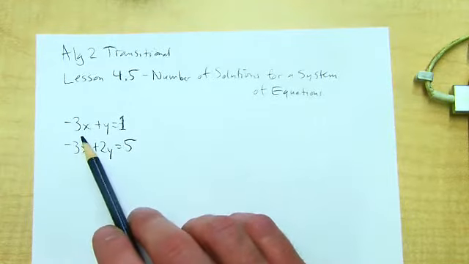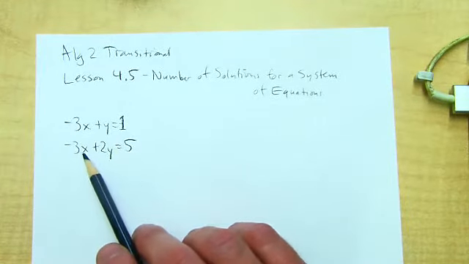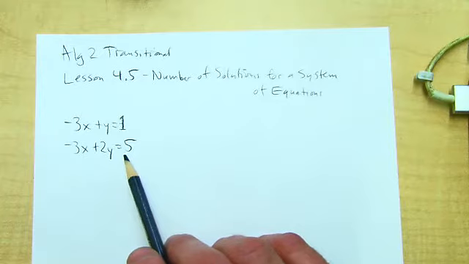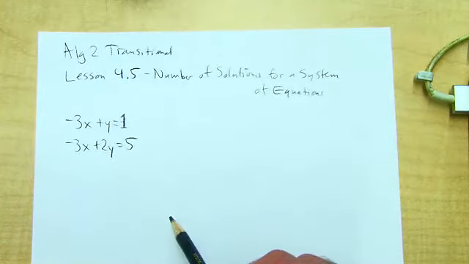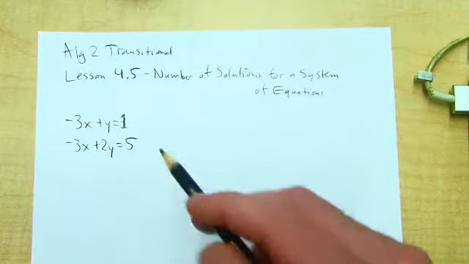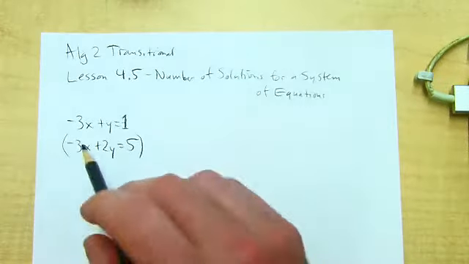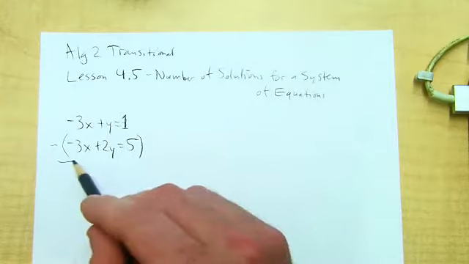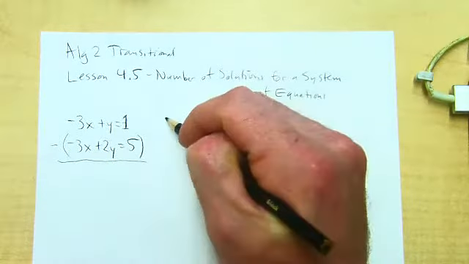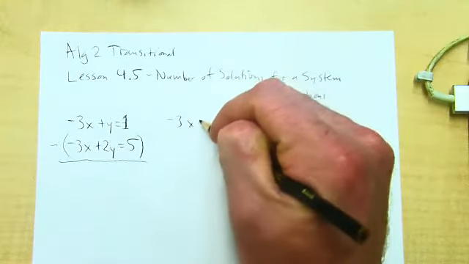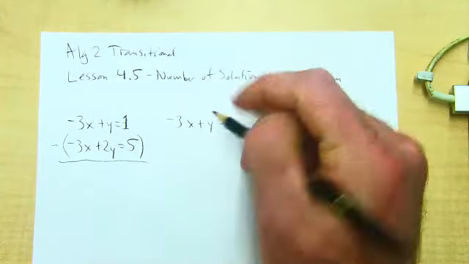Okay, first example, negative 3x plus y equals 1, and negative 3x plus 2y equals 5. We're just solving this like normal, either elimination or substitution. For me, elimination looks like the way to go here, because if I just minus these equations, I could get the x's to cancel out. So rewrite the top one.